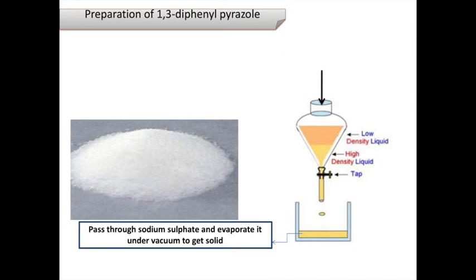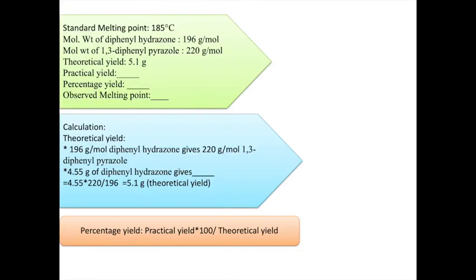About 3.14 gram of product, 1,3 diphenyl pyrazole, is obtained. The melting point of the product is 185 degrees Celsius, the molecular weight of the reactant is 196 gram per mole, and the molecular weight of the product is 220 gram per mole.